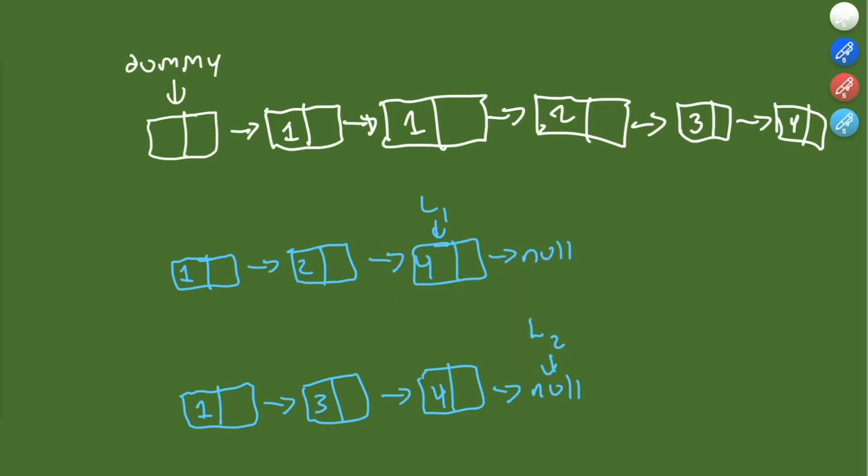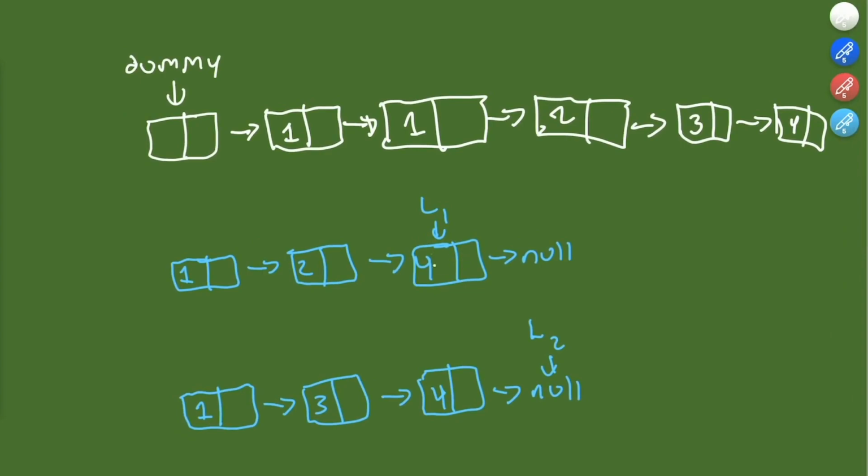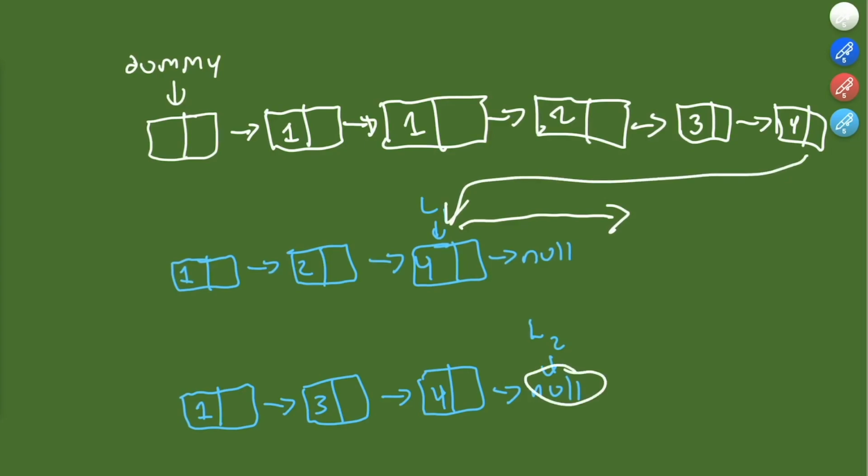But as you can see, our list is not finished because we still have this missing value from L1. Once one of the lists hits null, we can simply append the rest of the other list that is not null to the end of our dummy list. Since there's nothing else to compare it to, we can just point our dummy list to the non-null list.